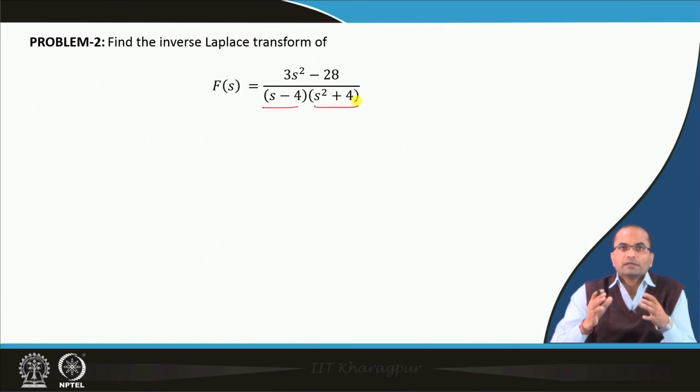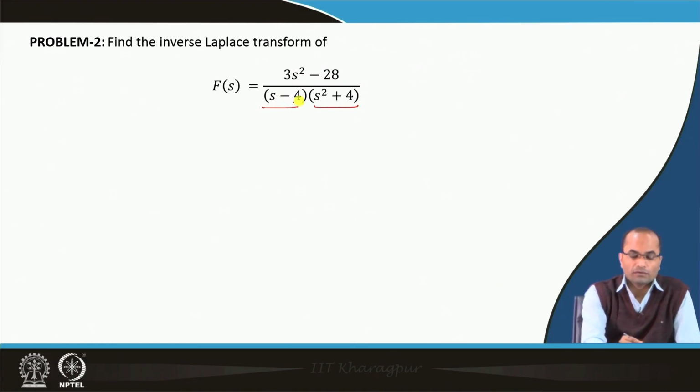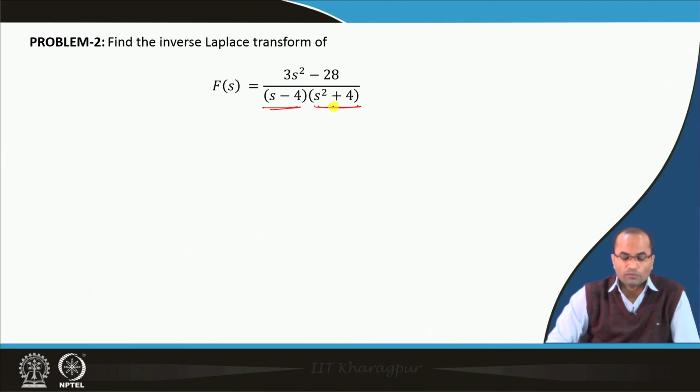If we can decompose using the idea of partial fractions, then we will get something of this form, 1 by (s − 4) and then (s² + 4), and then we can convert into the Laplace transforms of known functions, and get back to the original function.